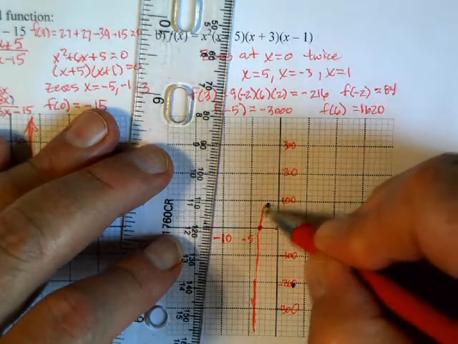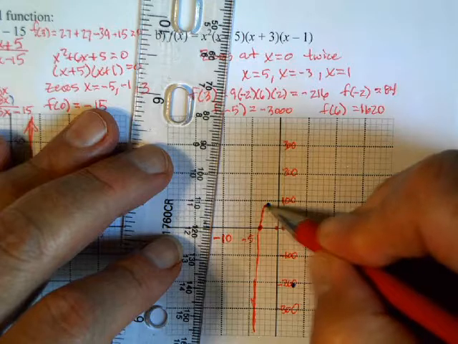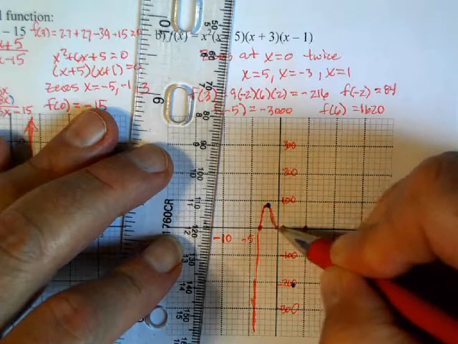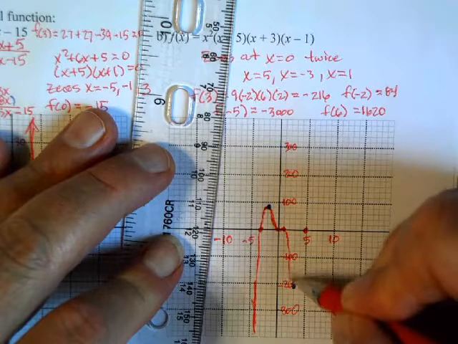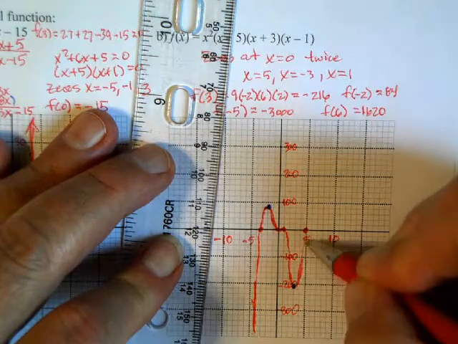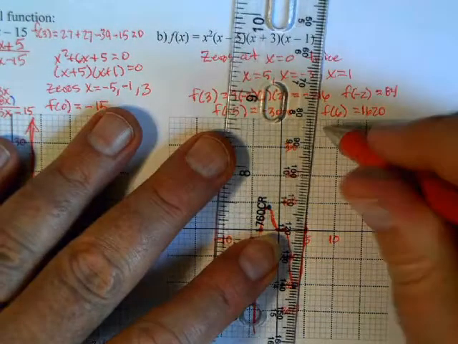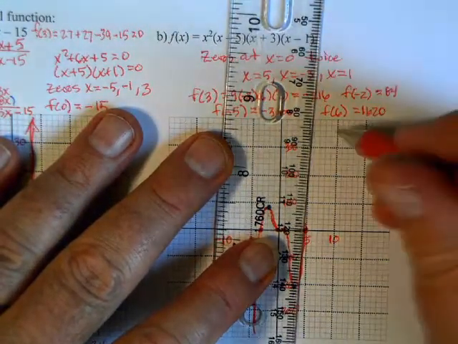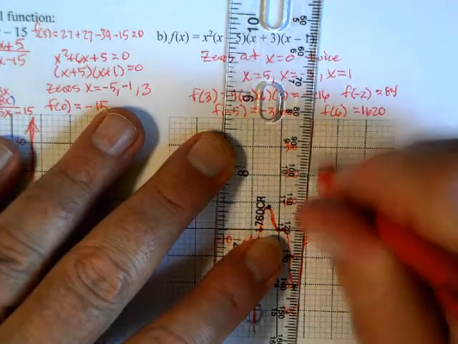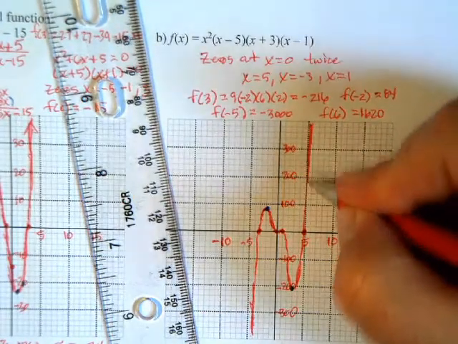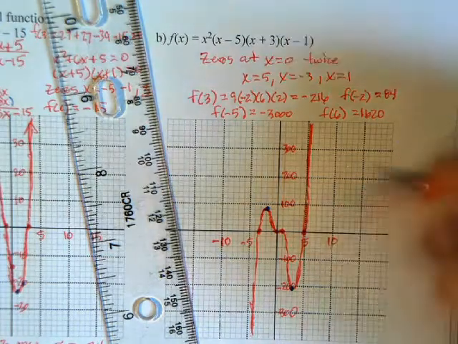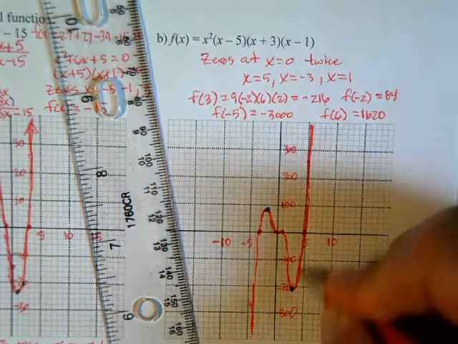The thing's going to have a little saddle. Come down here. And up. And then, at 6, we're at 1,600. So that really skyrockets there. So something like this will be my graph.